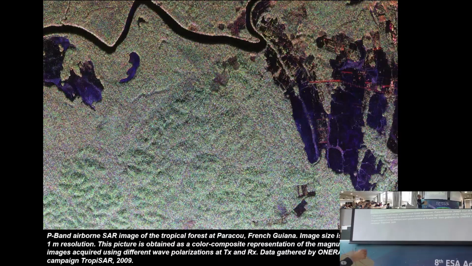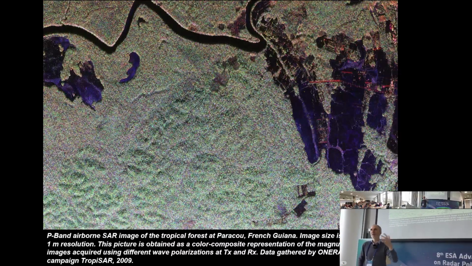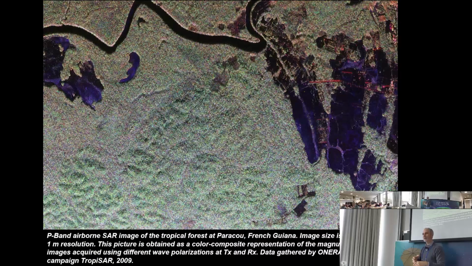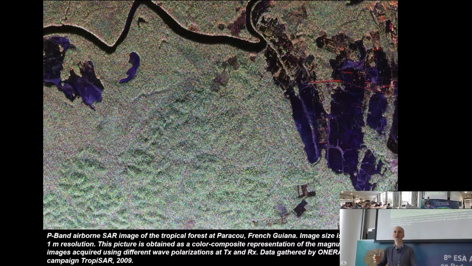First, you see colors here. So why do you see colors? Well, how do we compose a SAR image? The first thing that is usually untold: a SAR image is a complex entity because each pixel has a complex value. It has an amplitude and it has a phase.